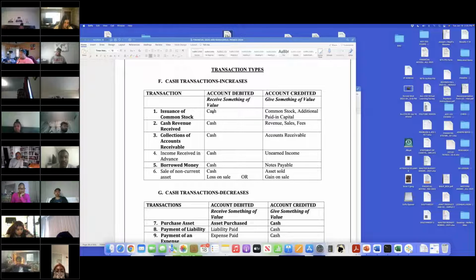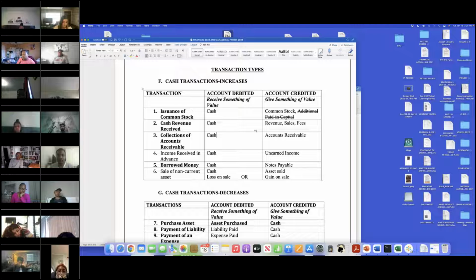Sometimes we will credit other things, but the key thing is debiting cash and crediting common stock. So in this course, whenever you got a type 1, you're debiting cash and crediting common stock. So I know what my debits and credits are.